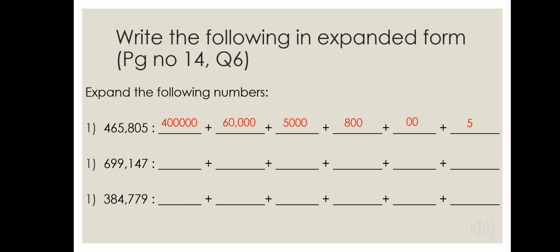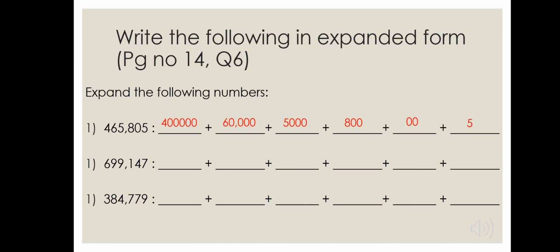So 6 holds the place value of 10,000, which means when you are going to expand 10,000, you will add 4 zeros after the digit, which holds the place value of 10,000. So it means that you are going to add 4 zeros after 6, which will give us 60,000.